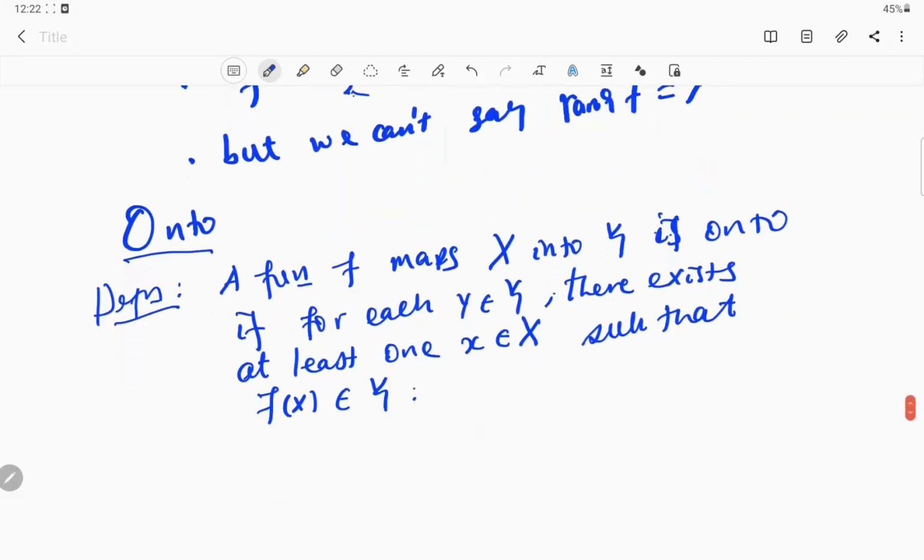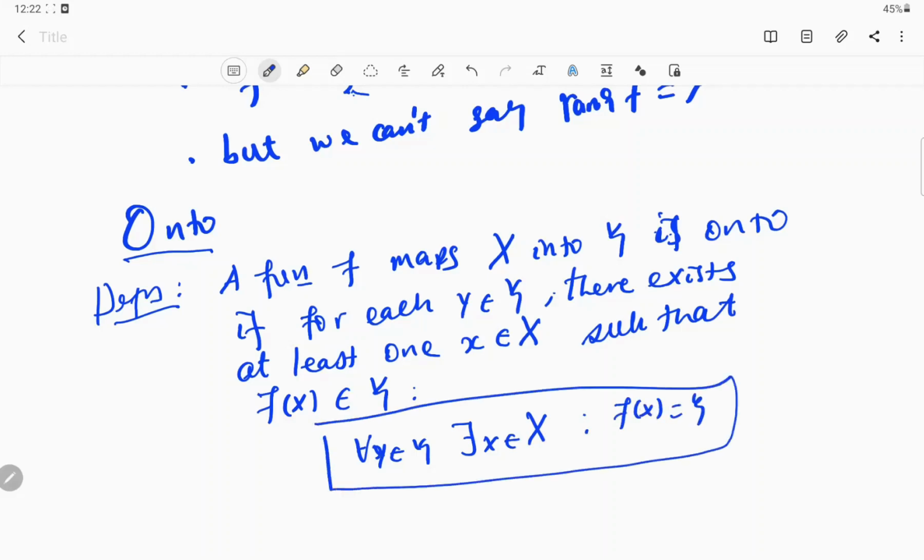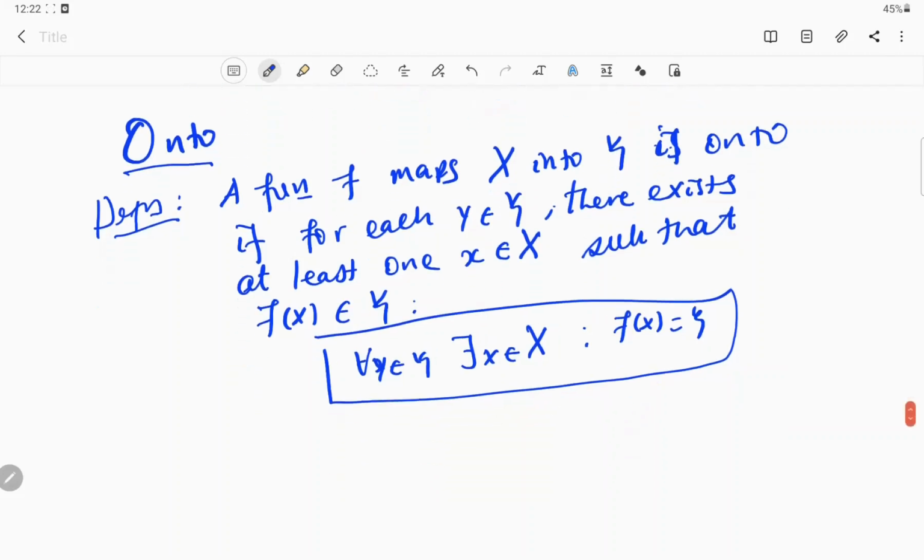Mathematically you can write: for all y in Y there exists x in X such that f(x) equals y. Any function that satisfies this condition we call an onto function.